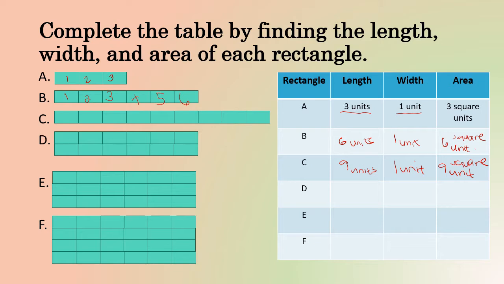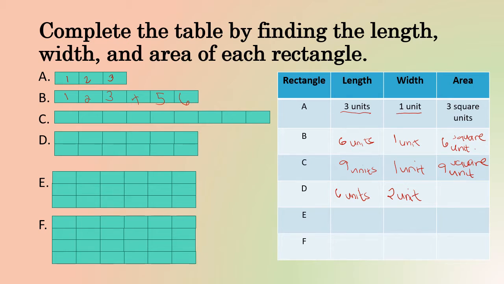How about D? Ayan, medyo makapal na siya. So, how many? 1, 2, 3, 4, 5, 6. 6 units. And then, sa width, kano yung kapal niya? We have 1 and 2. So, we have 2 unit.